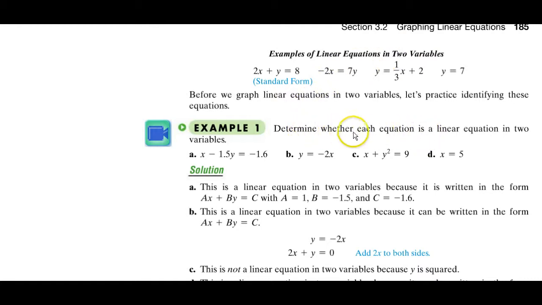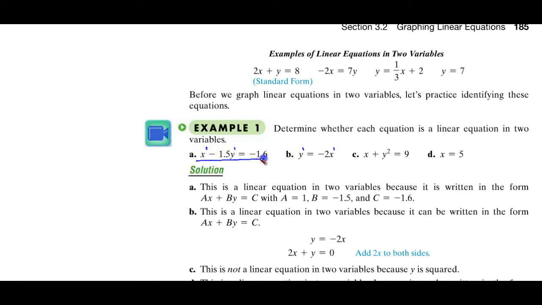All right, determine whether each equation is a linear equation in two variables. Now, a key also is that your exponents on these variables are only a 1. And that's a giveaway here.